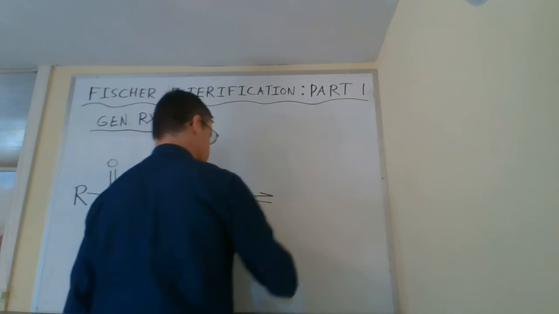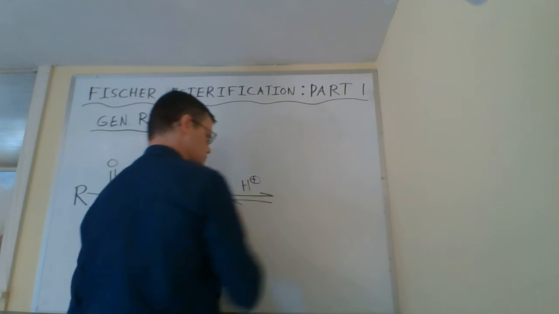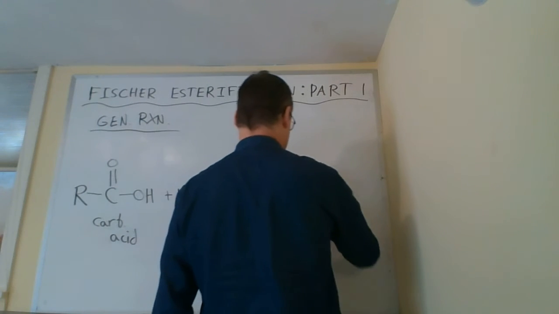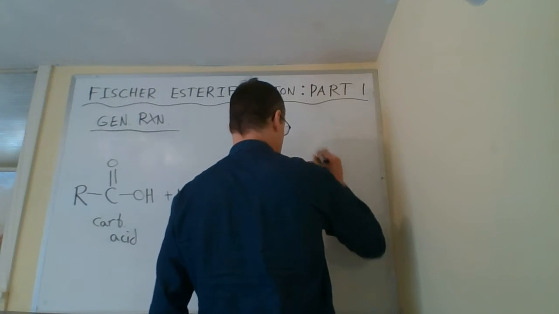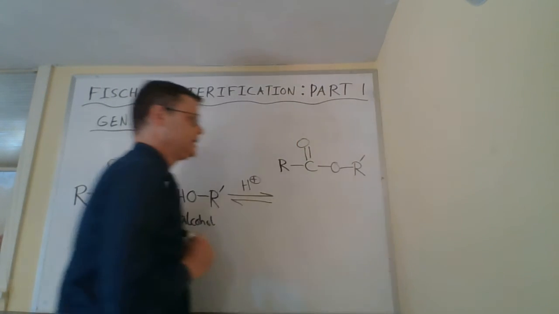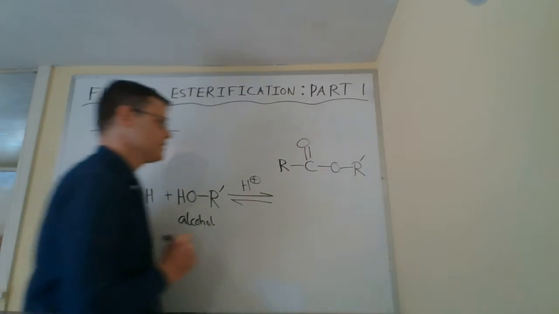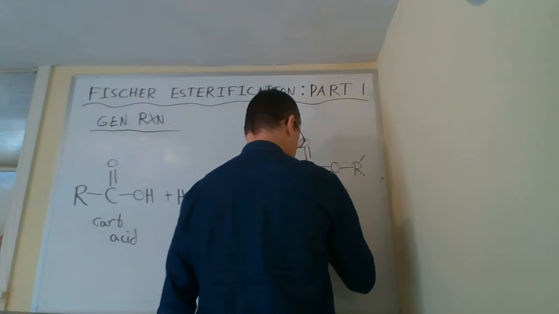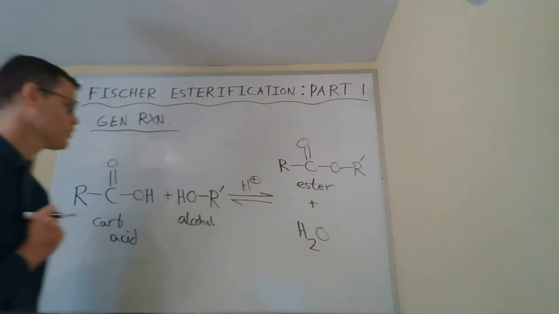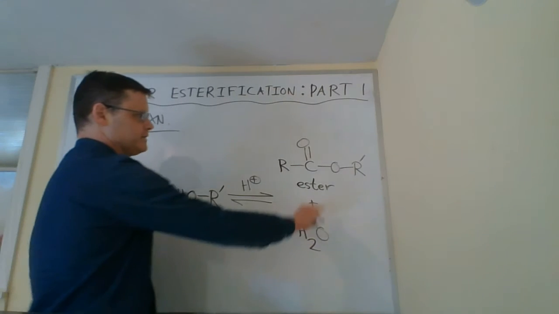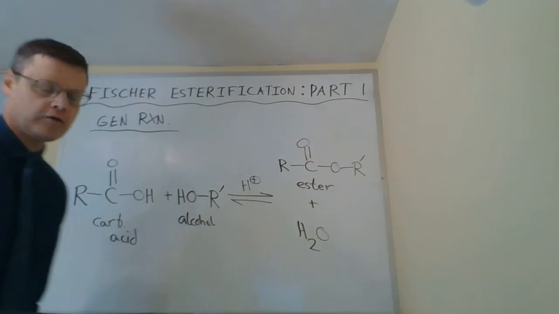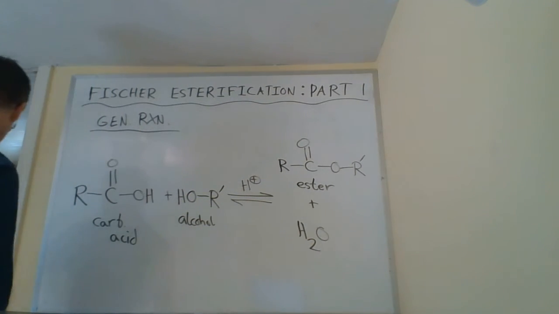Then we're going to have some source of acid here, another acid, and we ultimately make an ester, shown there, plus H2O, water. Our new bond is going to be right here. It's this carbon-oxygen bond. That's the new bond that we make in this reaction.